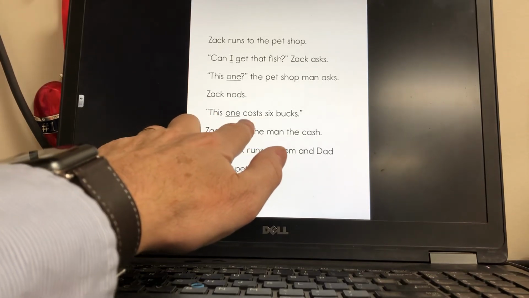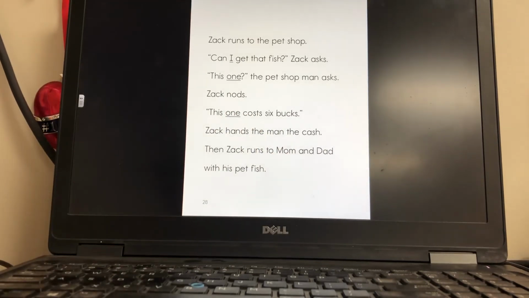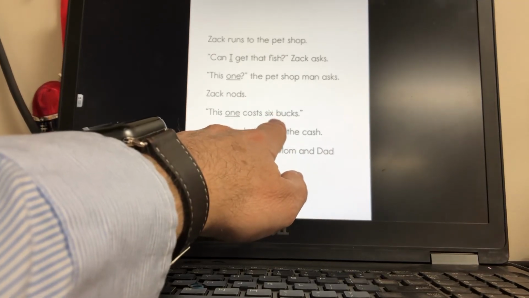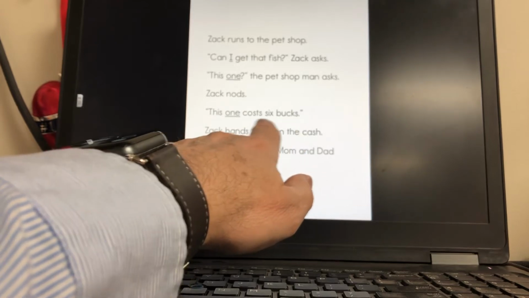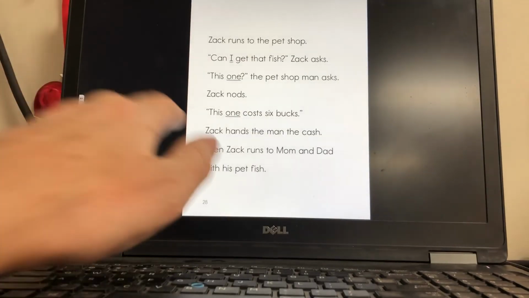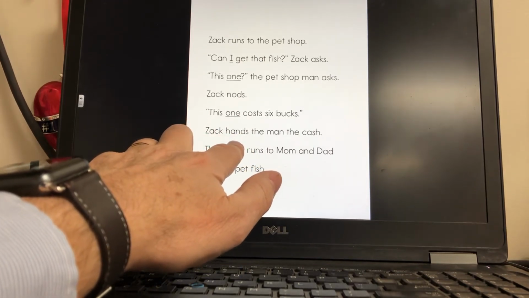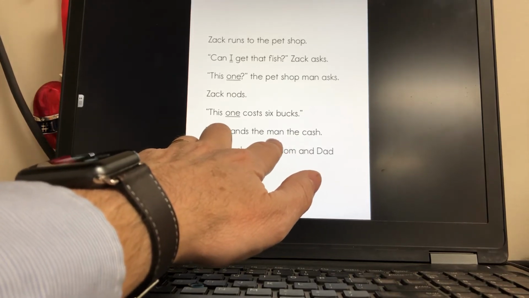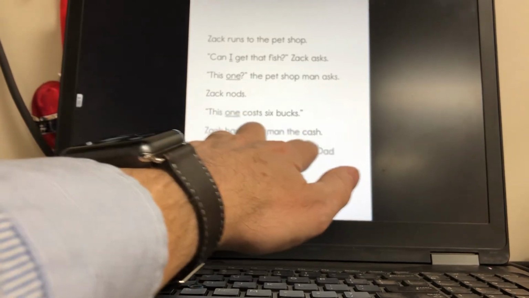This one costs $6 bucks. This one costs $6. Zack hands the man the cash.